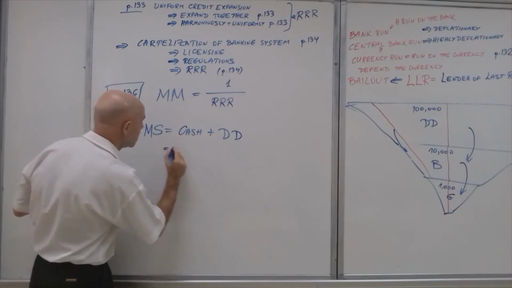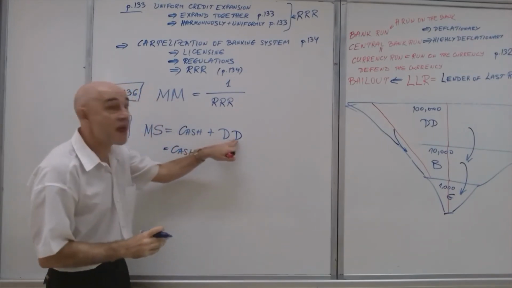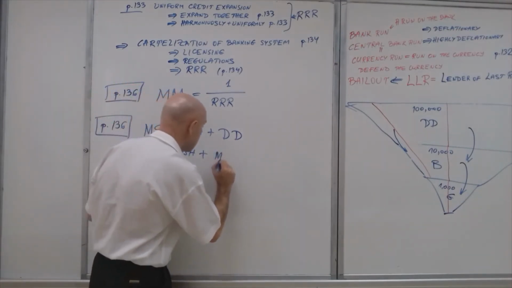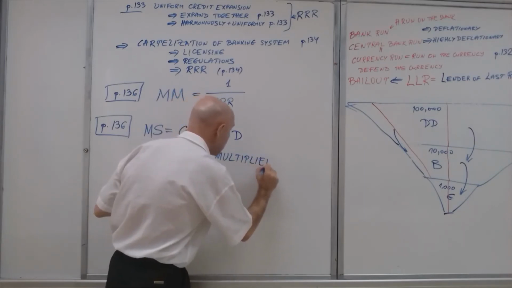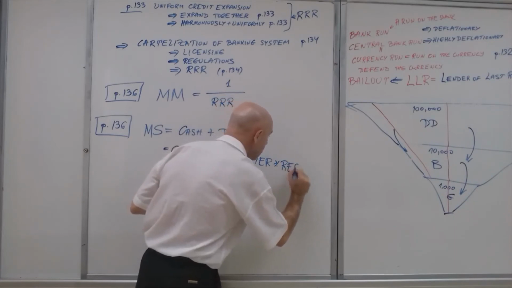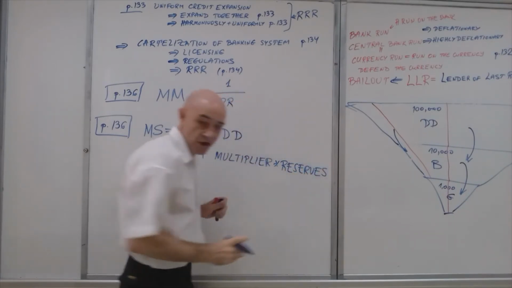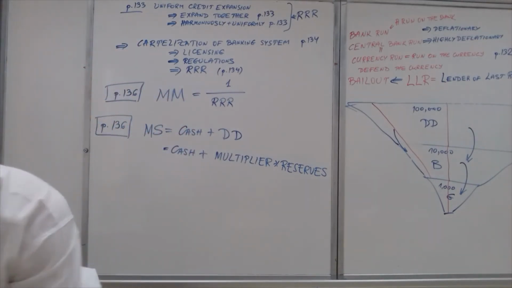Now, what is the demand deposit? It will be the multiplier multiplied by reserves. Let's see what else I got here.